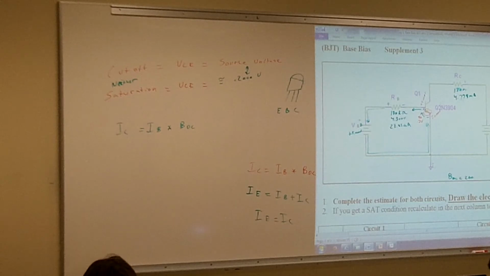Yeah, figure out the voltage across your RC. Try that again. So it should be 18 kilo ohms times 4.778 milliamps.